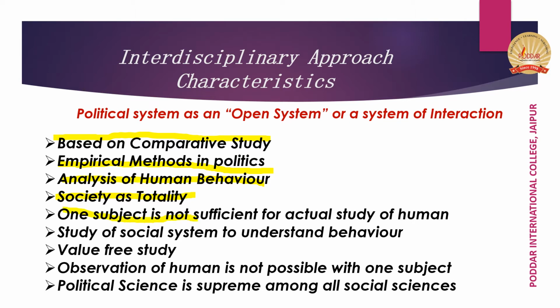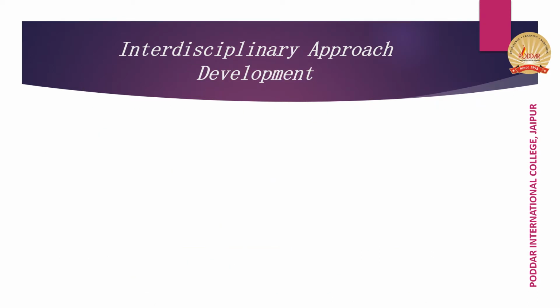One subject is not sufficient for actual study of human. Study of social system to understand behavior, value-free study, observation of human is not possible with one subject. Political science is supreme among all social sciences. These are the main features of interdisciplinary approach.